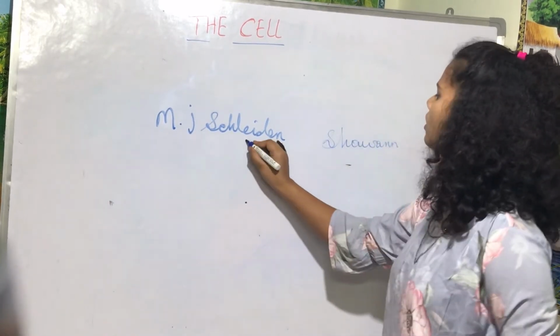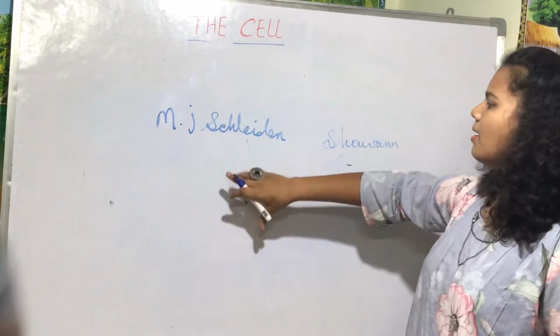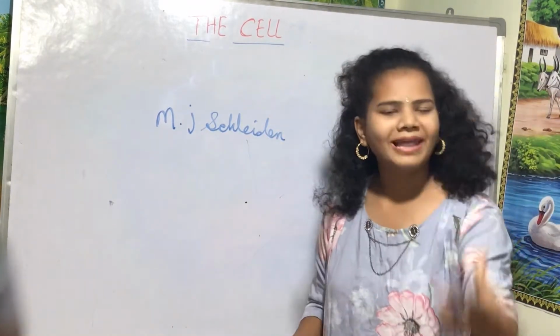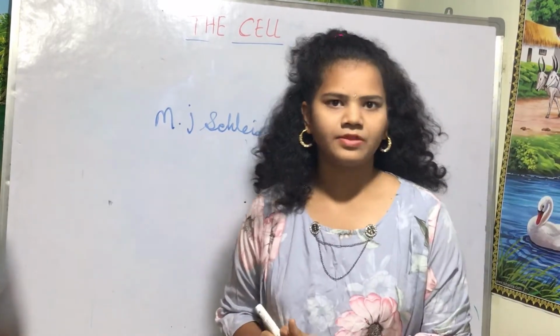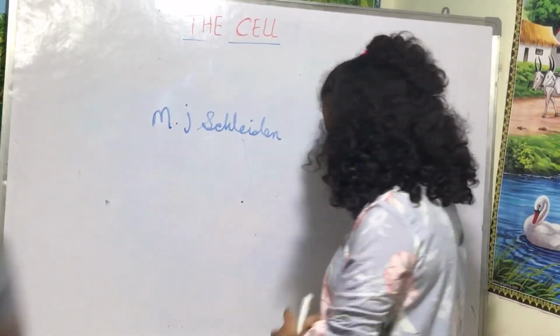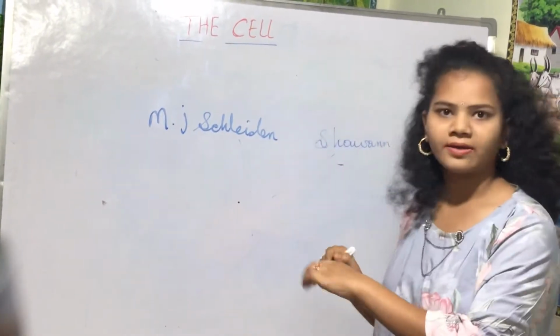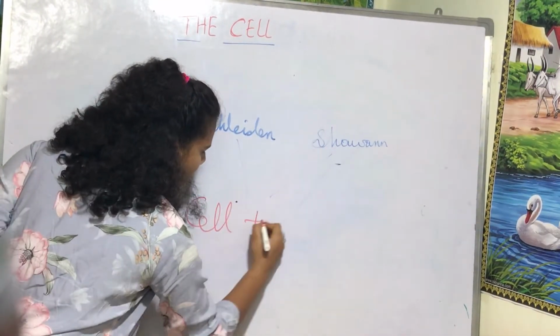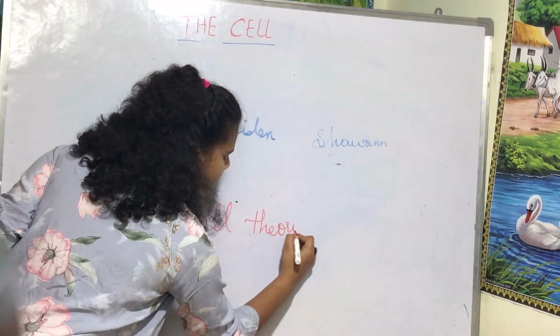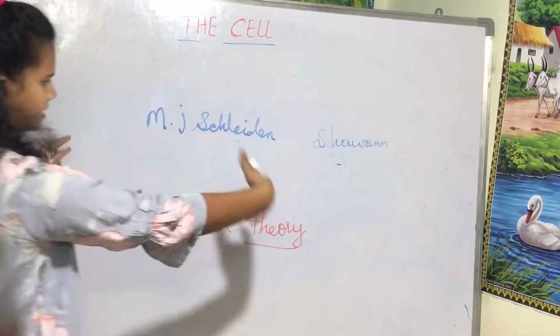So M.J. Schleiden made a few observations on plant cells and Schwann on animal cells. They both together formed the cell theory. So, cell theory by Schleiden and Schwann.